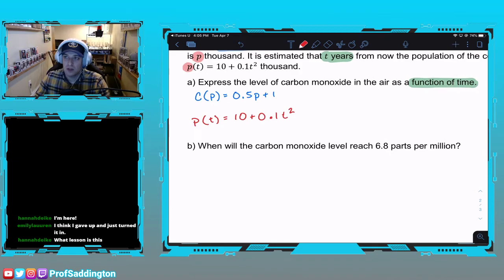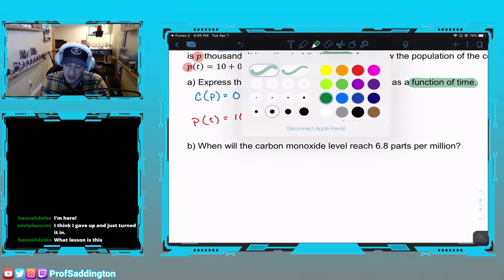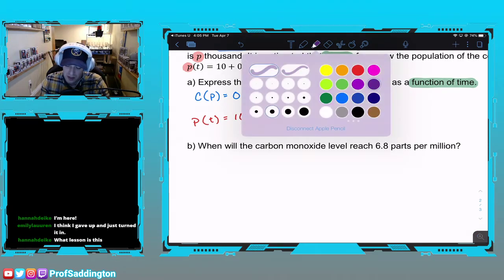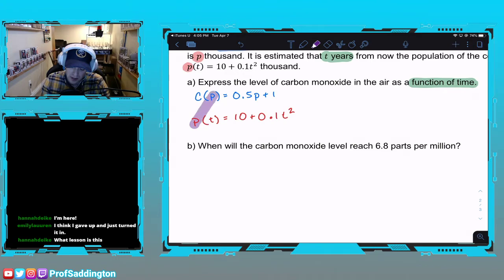If you look at those 2 functions, they both share a letter, and the letter that they share is this P. Those P's are the same. So what we're going to do is take that answer for P. We know what P is equal to. P is equal to this entire thing right here.